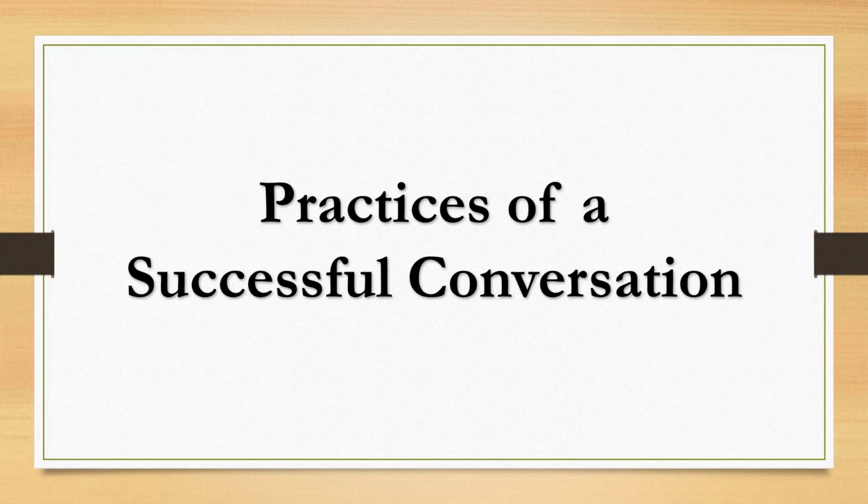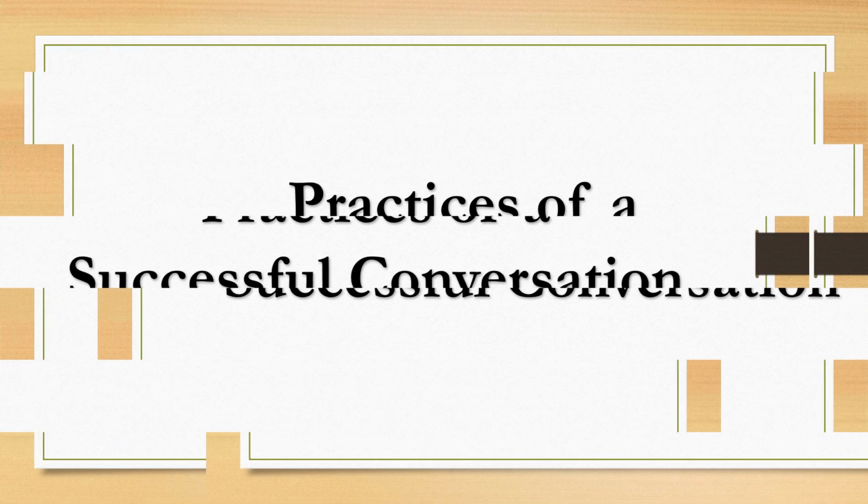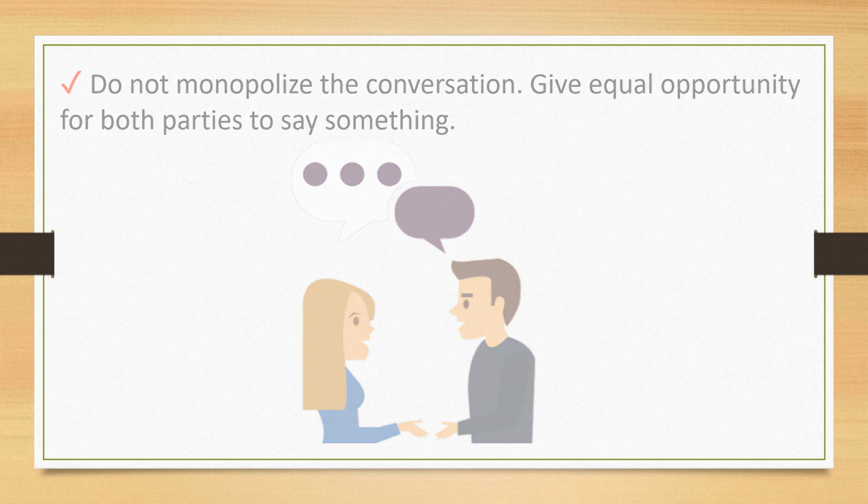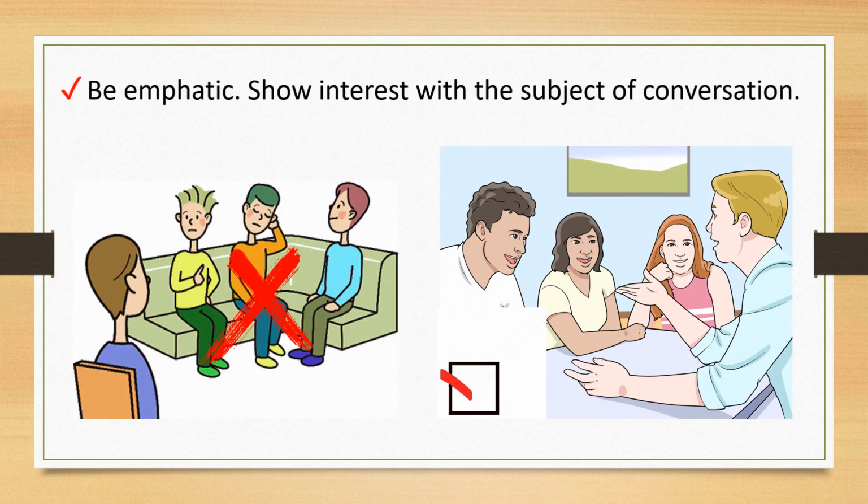One has to keep in mind the following practices of a successful conversation. Number 1. Do not monopolize the conversation. Give equal opportunity for both parties to say something. Number 2. Be empathetic.